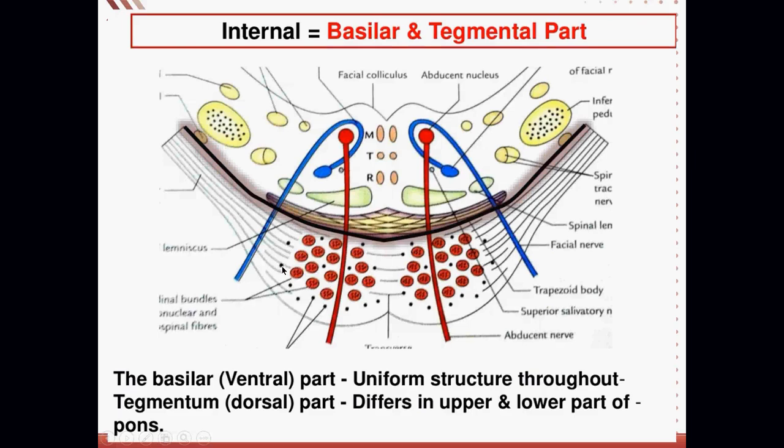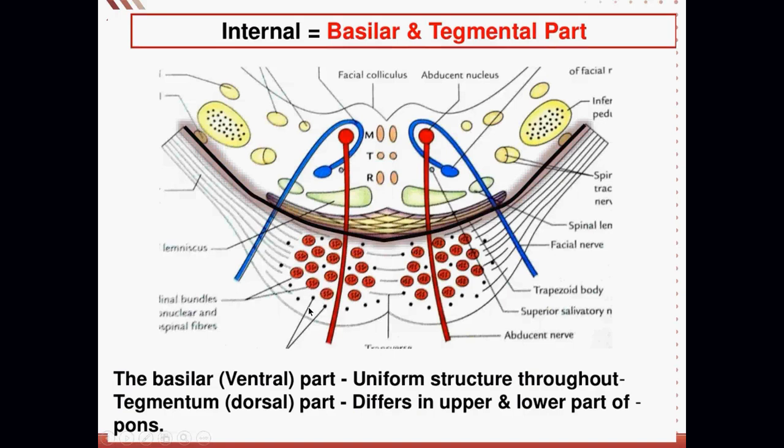Here corticopontine fibers relay into the pontine nucleus. These are the pontine nuclei, and pontocerebellar fibers from the pontine nucleus cross to the opposite side and reach the opposite middle cerebellar peduncle, and corticonuclear fibers relay into the opposite cranial nerve nucleus.